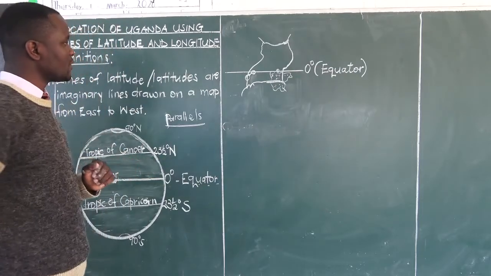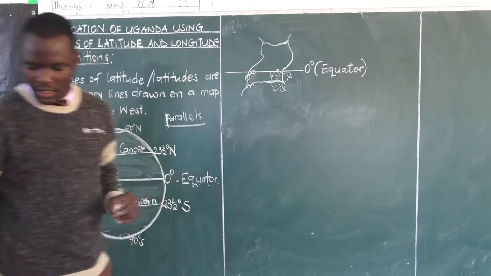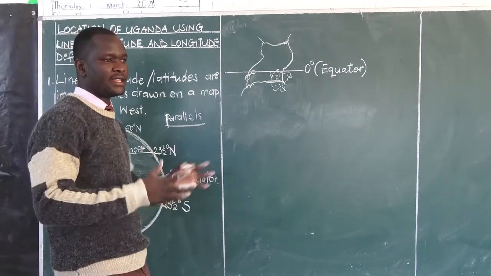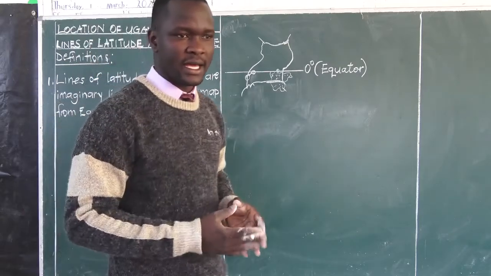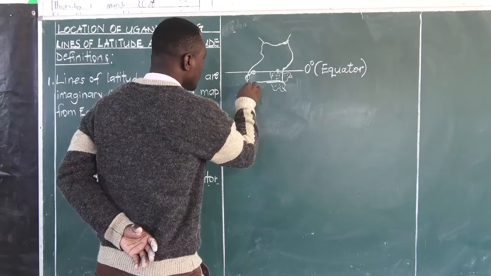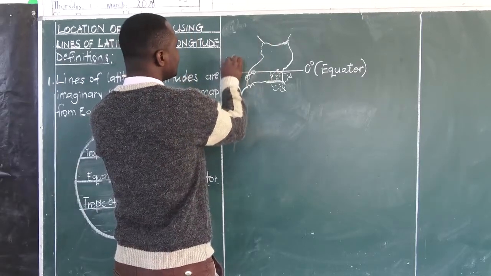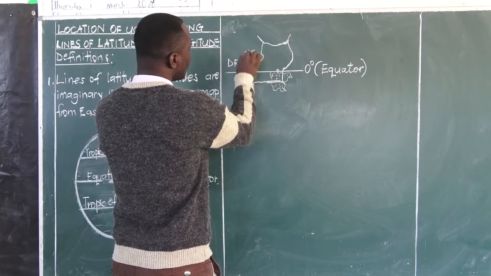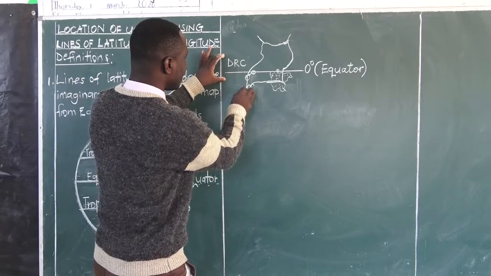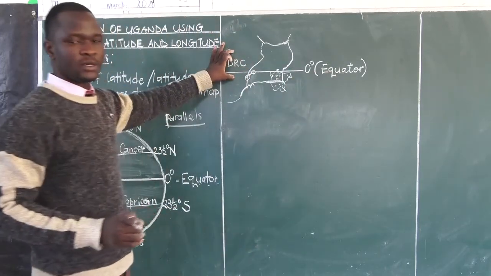Now, having understood that, we are also understanding which neighboring countries of Uganda are also crossed by the equator. We shall need to understand that Uganda, from this side, in the west, borders Democratic Republic of Congo. So as we can see, the equator also passes via Democratic Republic of Congo.